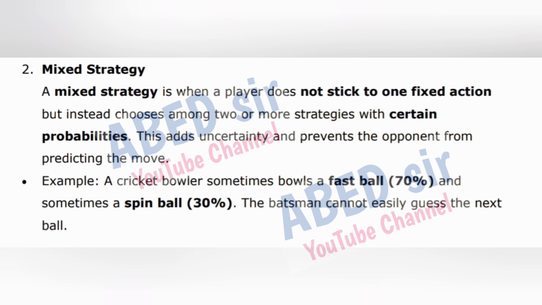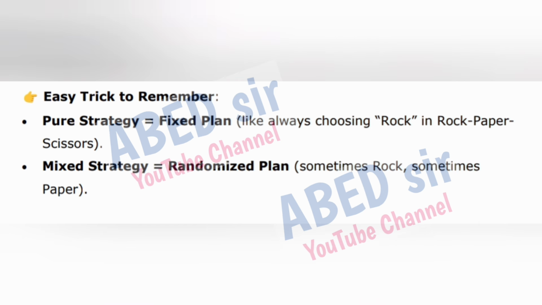The batsman cannot easily guess the next ball. Easy trick to remember: pure strategy equals fixed plan, like always choosing rock in rock paper scissors. Mixed strategy equals randomized plan, sometimes rock, sometimes paper.